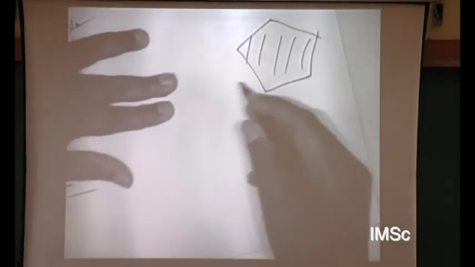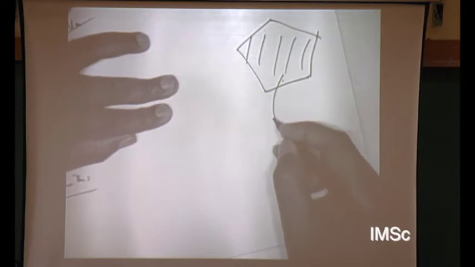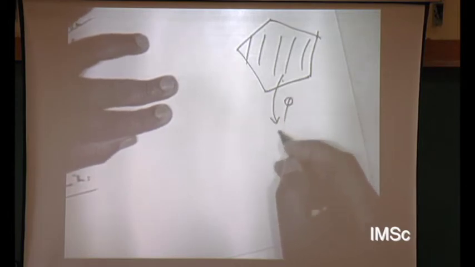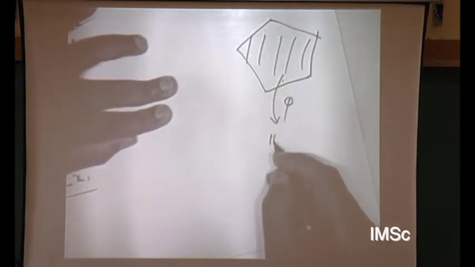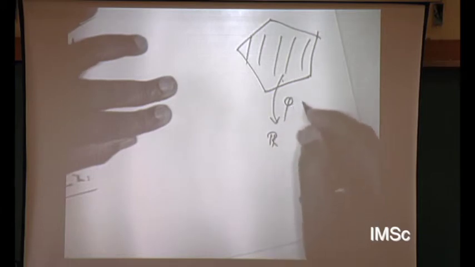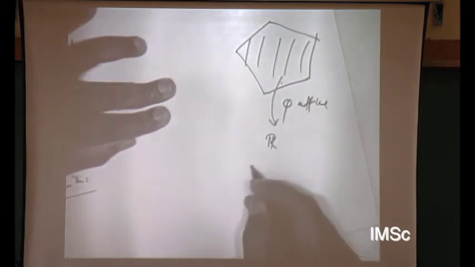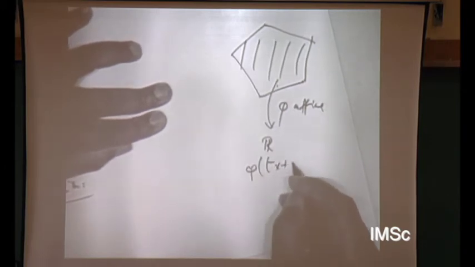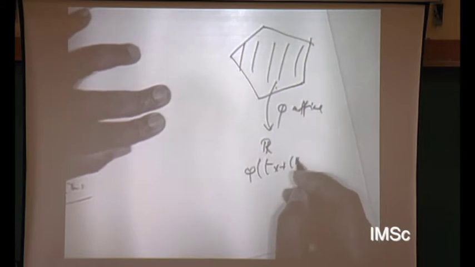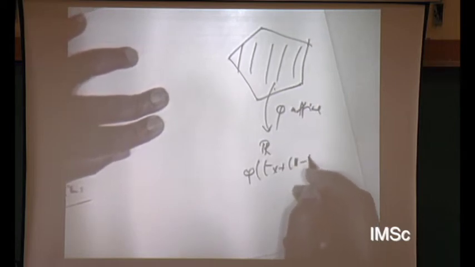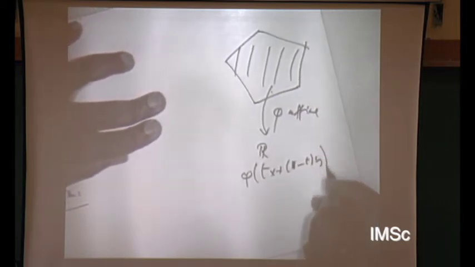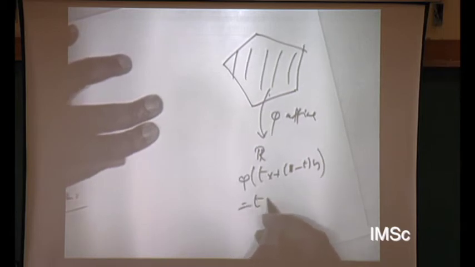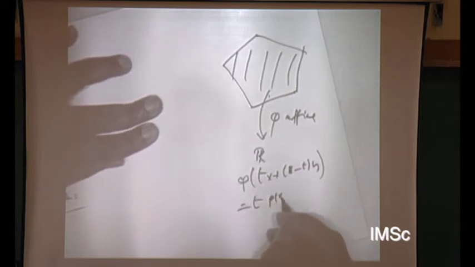So suppose you are given a function phi, which is affine. That means phi of tx plus (1 minus t)y is t phi x plus (1 minus t) phi y.